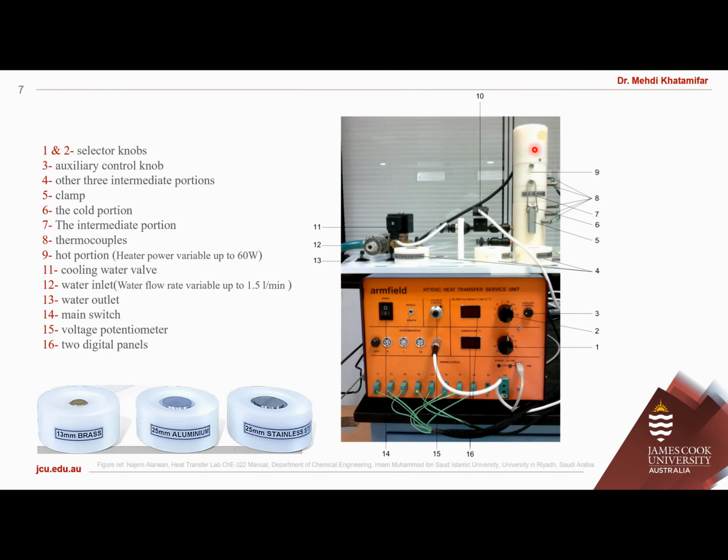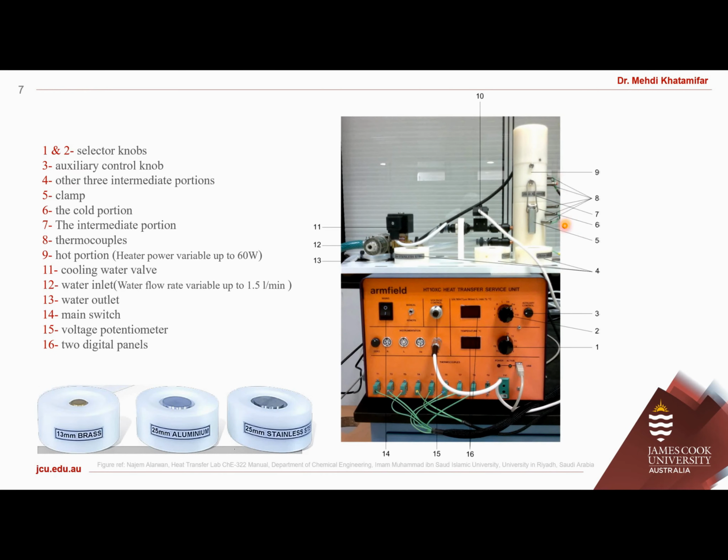The upper part has a heater, which is connected to the controlling system. In the lower part, we have a water circulating system, which is going to lower the temperature. There are several thermocouples connected to the upper side, specimen, and lower sides.